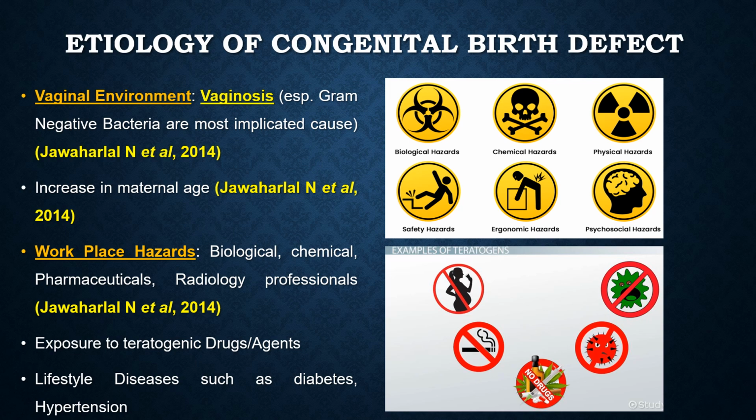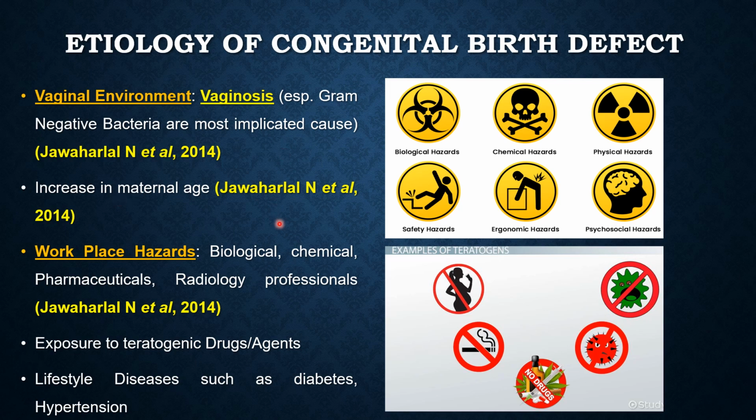So what are the etiologic causes of congenital birth defect? First one is vaginal environment, that is vaginosis. Any sort of infection within the mother's vagina, especially gram-negative bacteria, can cause congenital birth defect. Increase in maternal age.